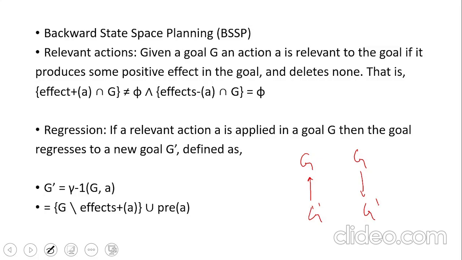Assume that we have G dash and we got G by performing an action A. Whenever we are moving to G, we check whether this action is relevant, then what is the G bar?